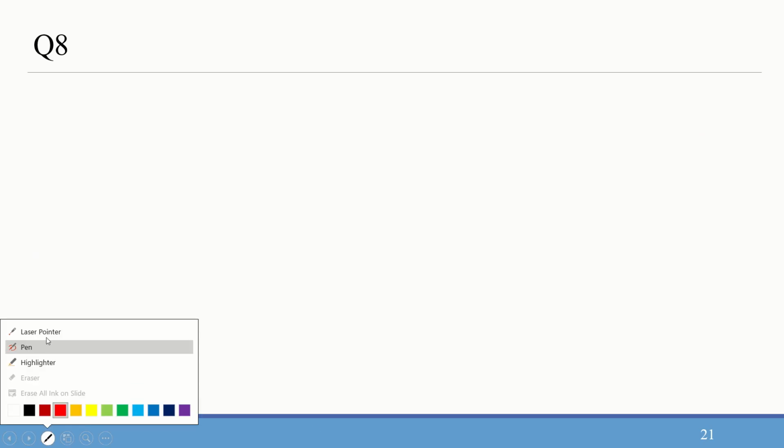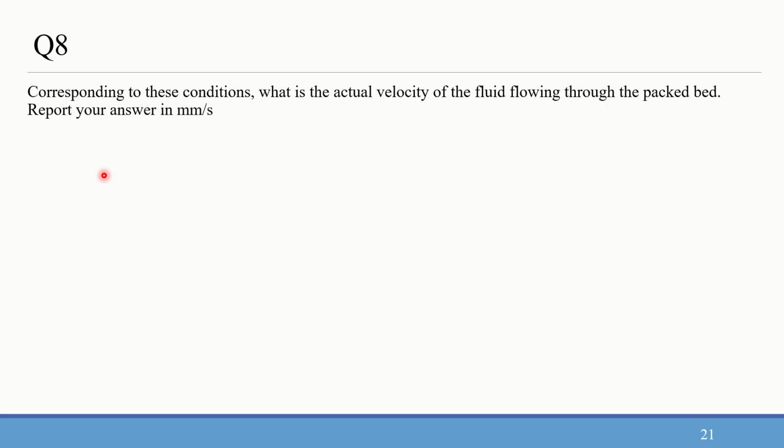So now in question 8, what is asked is, corresponding to these conditions, what is the actual velocity of the fluid flowing through the packed bed?